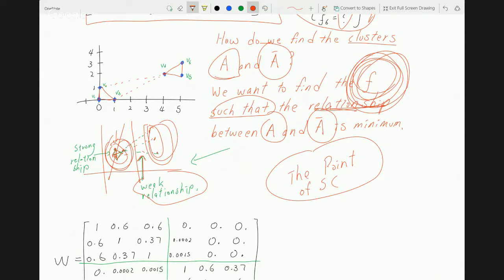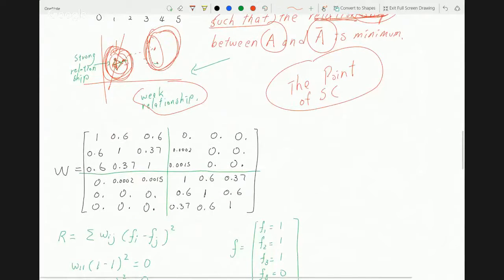Ideally, we'd want no relationship, so it's very clear that this is one cluster and this is the other one. But there are noises, so there will be something, but it'll be a lot weaker.